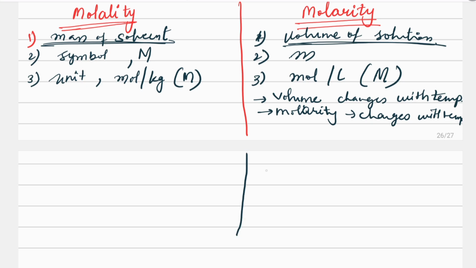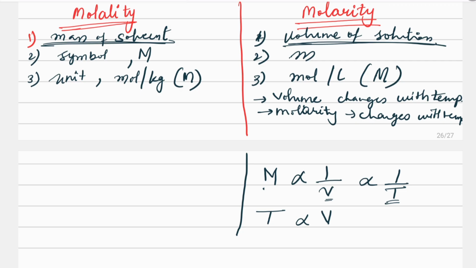As we know that molarity is inversely proportional to volume, we should see what is the relationship of volume with temperature. If the temperature increases, volume increases. If the temperature decreases, volume decreases. Okay, so temperature and volume are directly proportional to each other. If that is the case, molarity is also inversely proportional to temperature. So if temperature increases, molarity decreases. If temperature decreases, molarity increases.